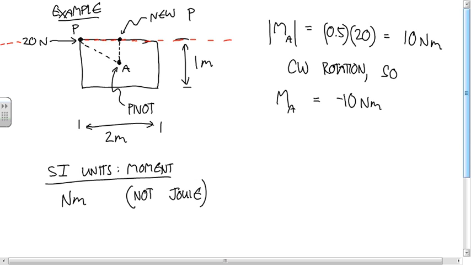Any questions about moments? Okay, the last thing I need to define is the moment of inertia.